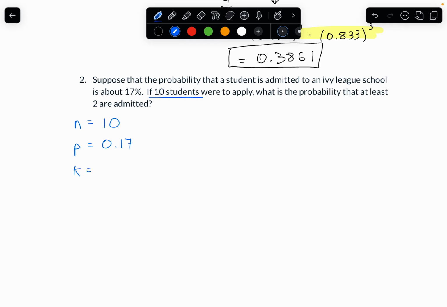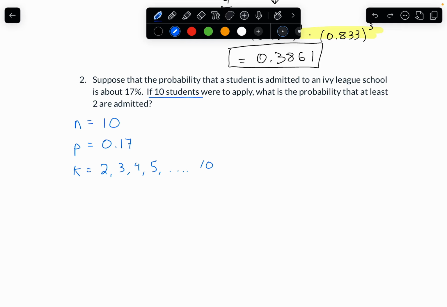Now, the problem is k could take on a number of different values here. If I say at least 2, it could be 2 or more. So it could be 2 or 3 or 4 or 5 or 6, 7, 8, 9, 10, all the way up to 10, because that's the total number of students that were applying.